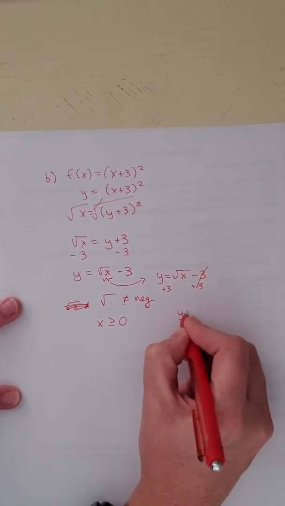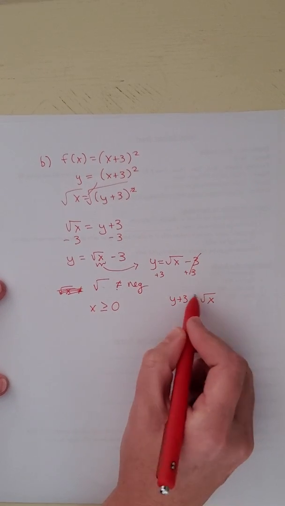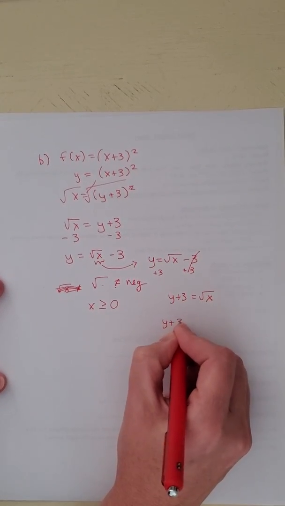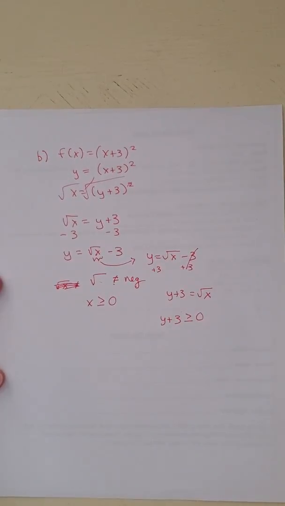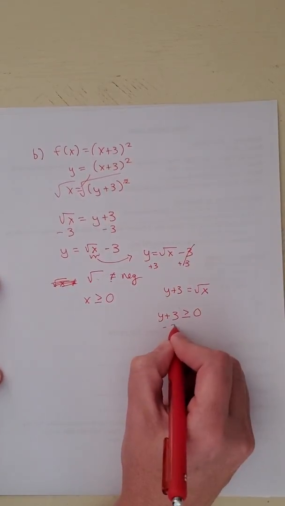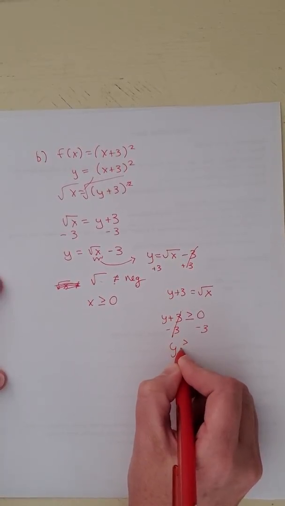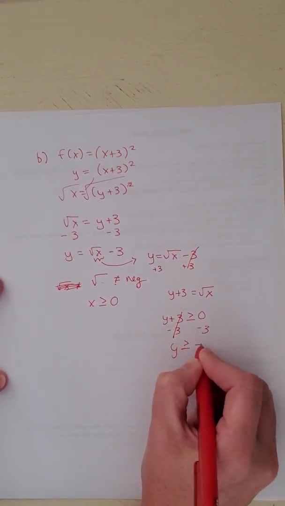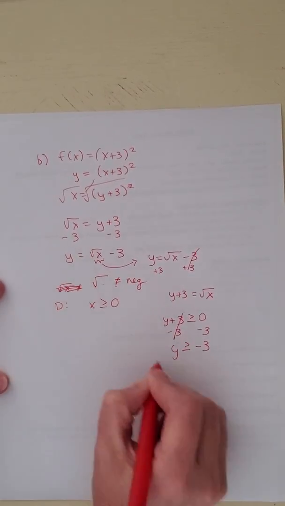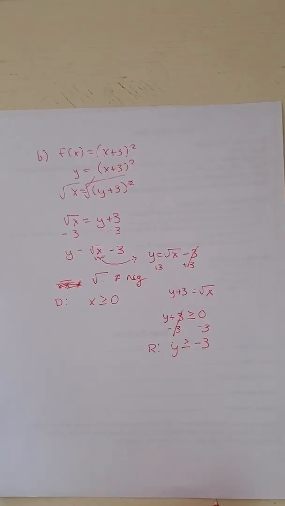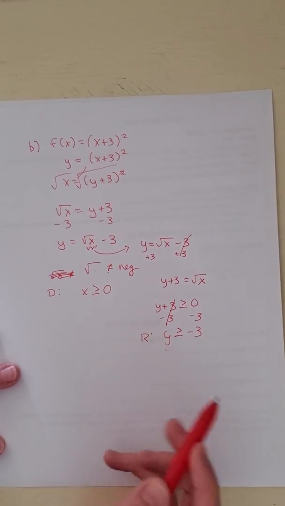I get y plus 3 equals the square root of x. Now, what can't happen is y plus 3 must be larger than or equal to 0. And so I'll solve for y. And y must be larger than or equal to negative 3. So here's my domain. And here's my range. Remember, that's for the inverse function. So here's the domain and range of the inverse function.